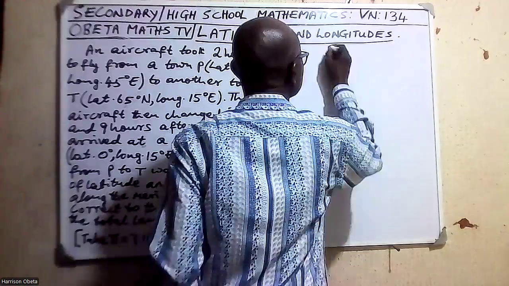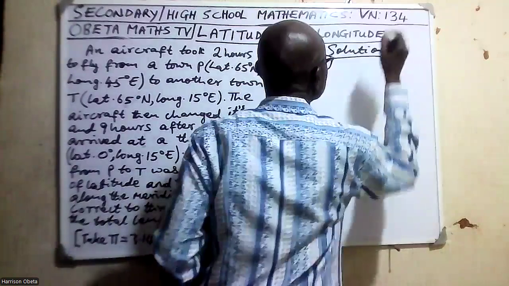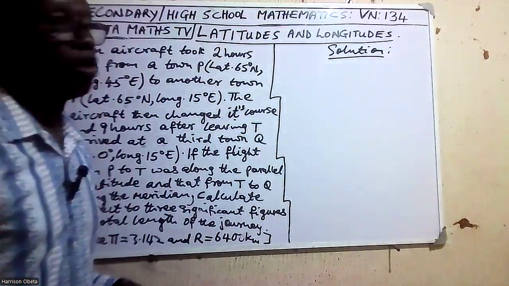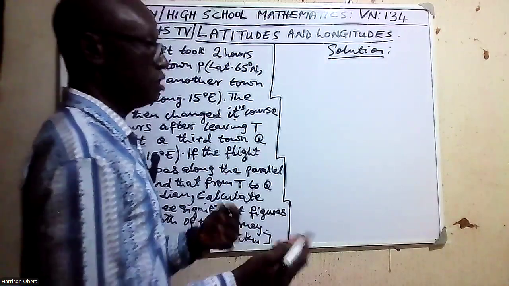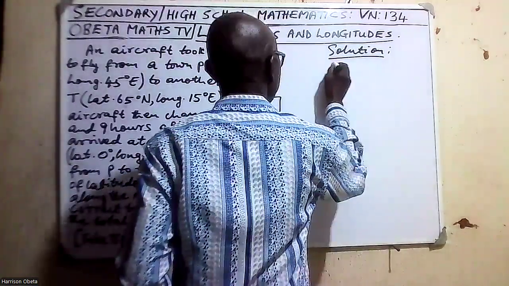Solution. The first thing we have to do, as usual, is draw the earth's surface and then indicate the points. So we have this.